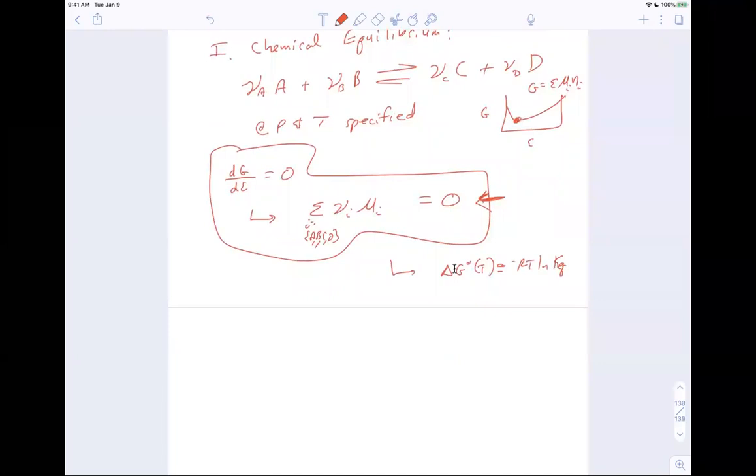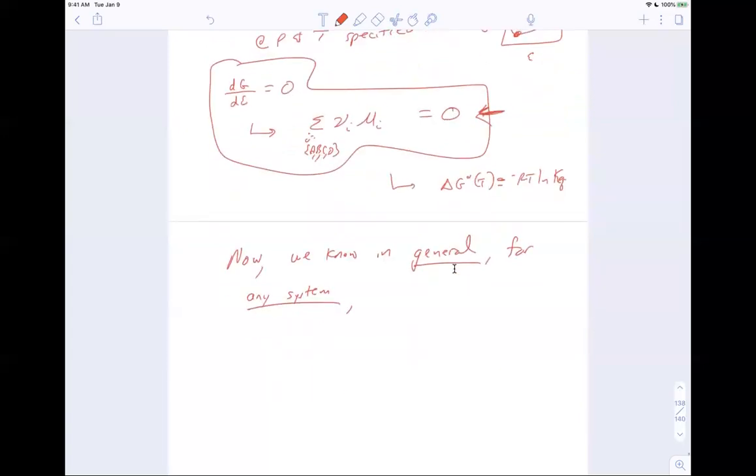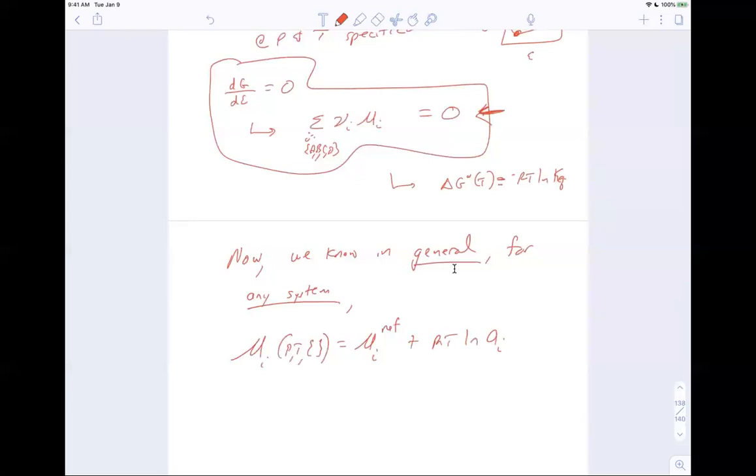But now we know that in general, for any system, mu sub i at a particular temperature, pressure, and composition is just equal to mu i ref plus RT natural log A sub i. Any questions so far?